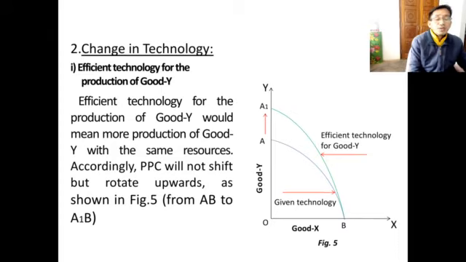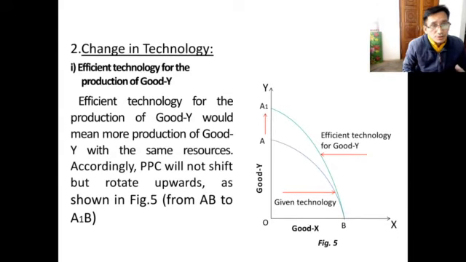Accordingly, the production possibility curve will not shift but rotate upwards along the Y-axis, as shown in figure number 5. That is, the production possibility curve rotates. Initially it was AB, now it has become A1B, and production of good Y increases from AO to A1O.